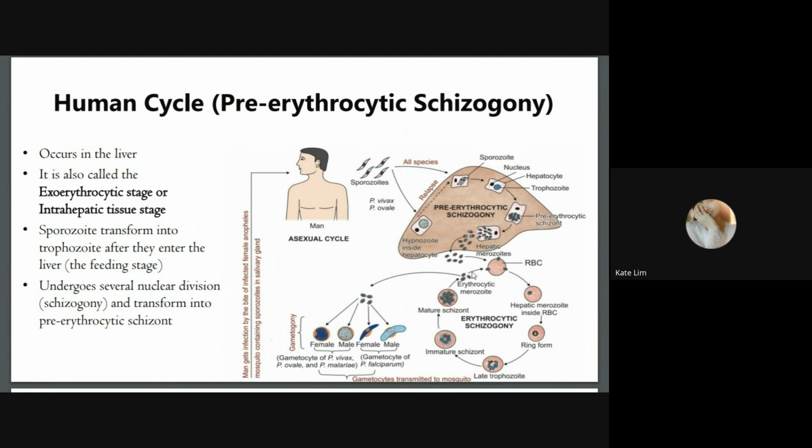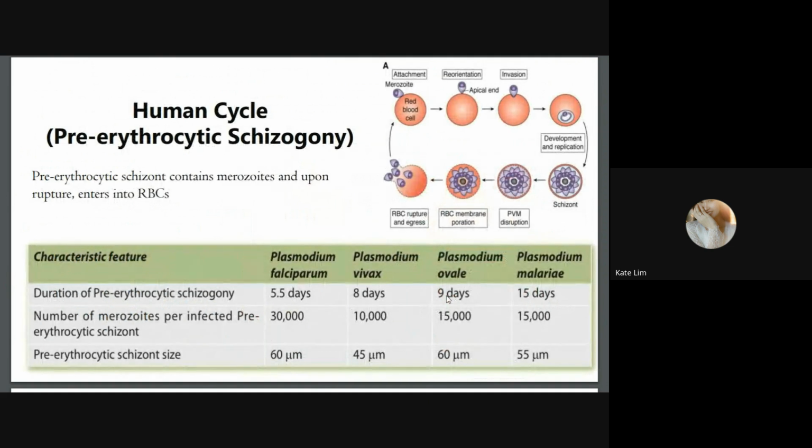So what will happen to your hepatic merozoites? Your hepatic merozoites are now ready to invade your RBC and ready to start phase 2 of your life cycle. So take note here, class.